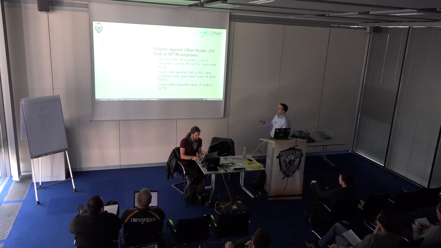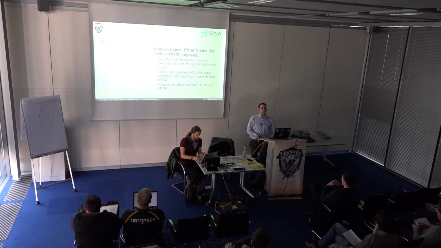Or he can just unconditionally send unsolicited spoofed neighbor advertisements to a given target, which also results in either a denial of service condition or a man-in-the-middle condition. But man-in-the-middle is typically what you want to do, because you want to transparently be a man-in-the-middle between two end hosts to just read the packets transmitted between them.